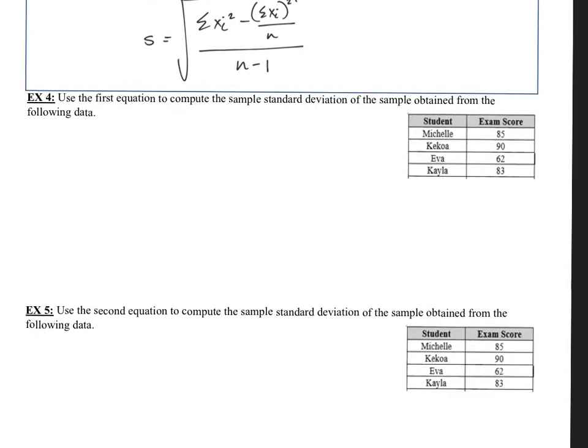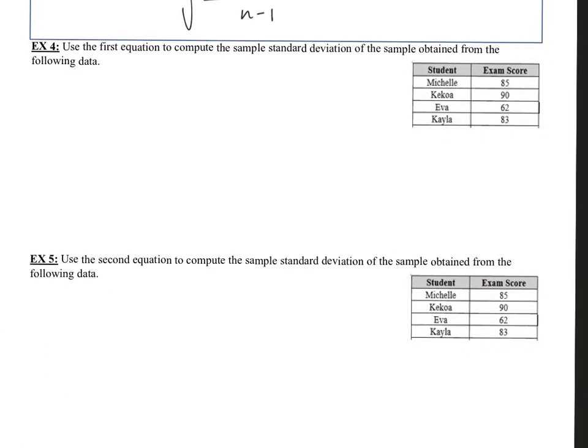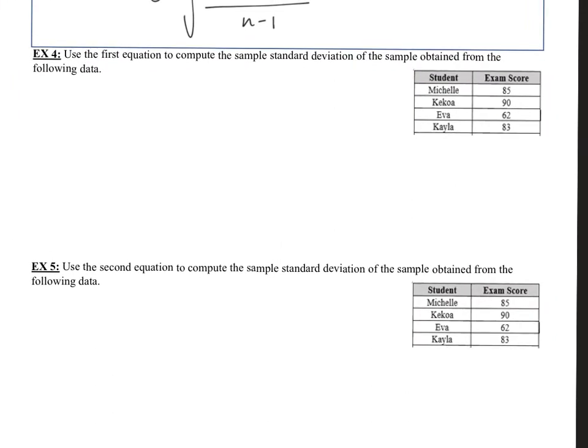So we're going to go ahead and use the first equation to compute the sample standard deviation of the sample obtained from the following formula. Alright, so first equation is sum xi minus x bar squared all over n minus 1.